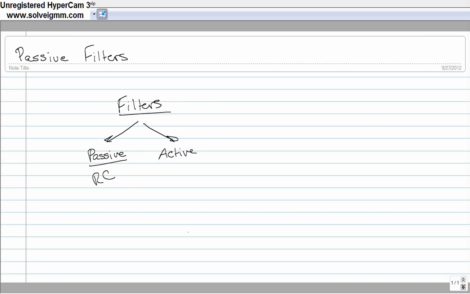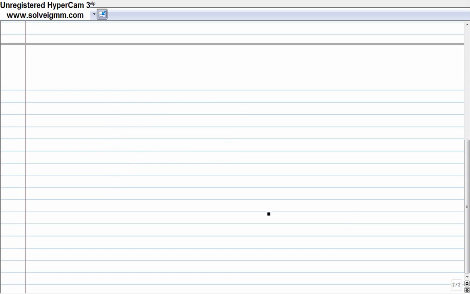Now, there are three subtypes of both passive and active filters. We're going to talk about each one. The first one is the low-pass filter. I mentioned FC; FC is that cutoff frequency. Low pass reduces the amplitude of frequencies greater than FC, so it passes frequencies less than FC.